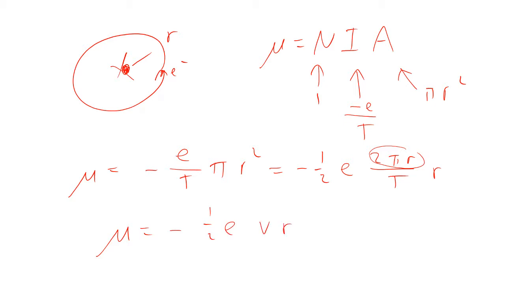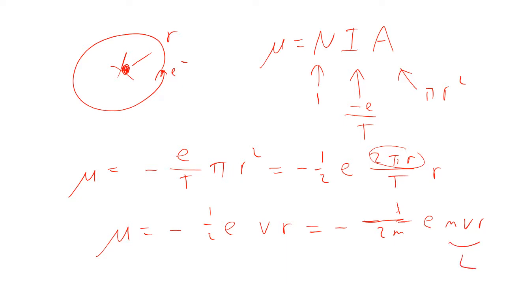Well, if I multiply top and bottom by m, this is going to be minus 1 over 2m times e times mvr, where m is the mass of the electron. Well, mvr, we remember from physics 1, is angular momentum.